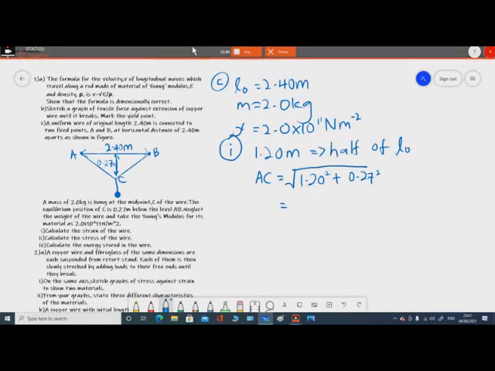So this is actually 1.23 meters. So AC plus BC is 1.23 times 2.